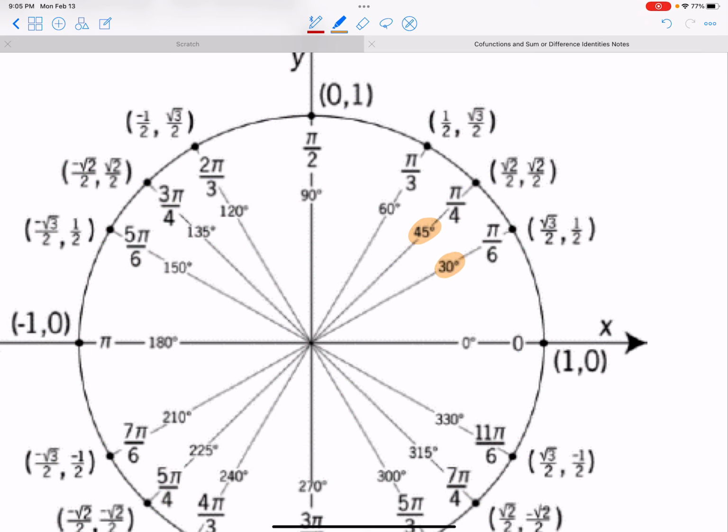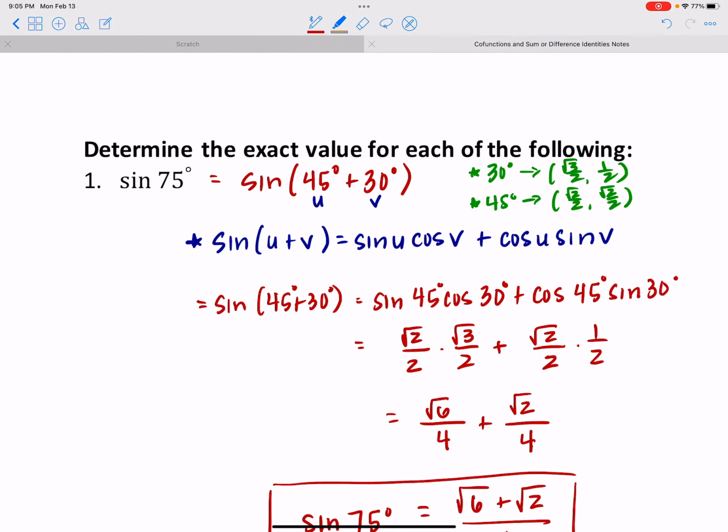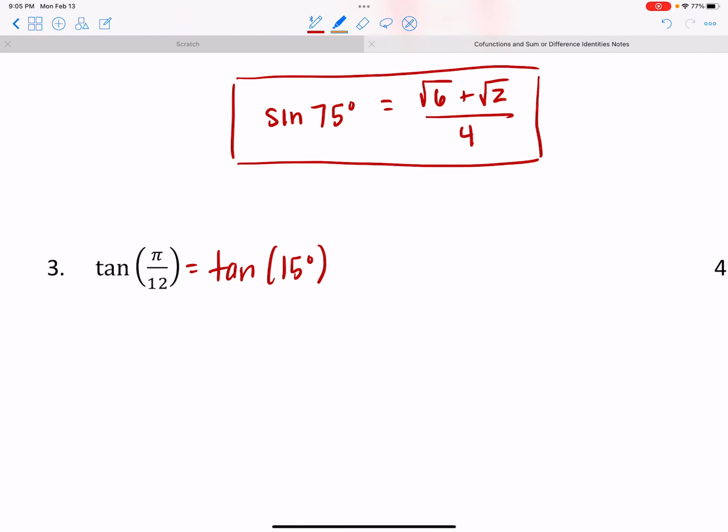If I could stay in quadrant 1 and deal with all positives, that would be my preference. So I'm going to call this tangent of 15 the tangent of 45 degrees minus 30 degrees, 45 minus 30 again being the same 15.